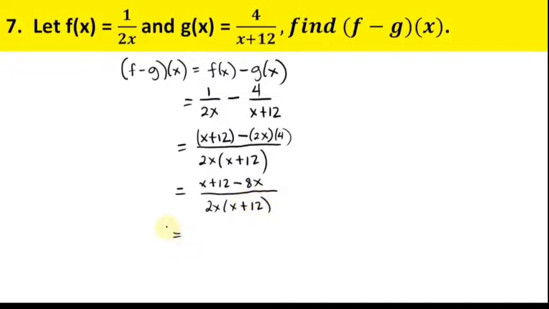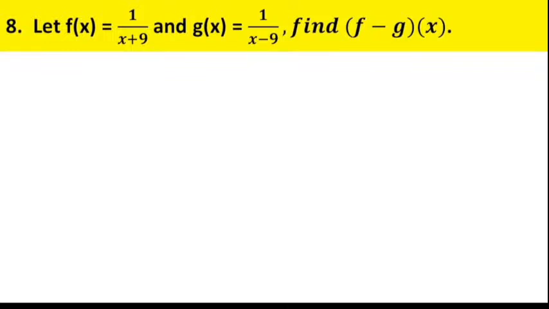Then simplify, so our final answer is x minus 8x, that is negative 7x plus 12 over 2x times x plus 12. So ito yung final answer natin. Okay, so negative 7x plus 12 over 2x times x plus 12.